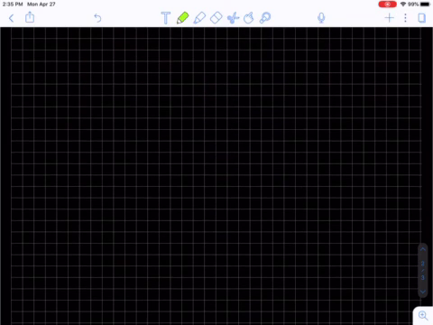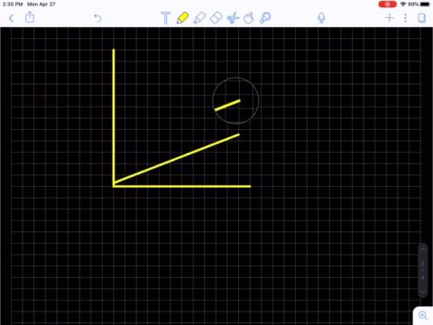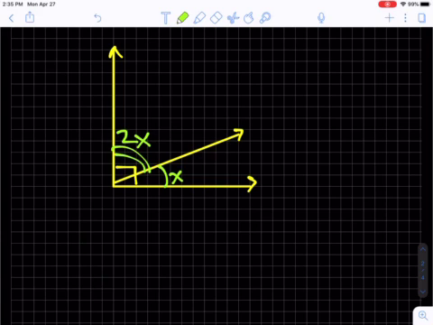Let's look at one slightly more complicated version of the problems you might see. So let's set up our angle again. If I have this, and then I have another angle, say I got this, and don't let me forget to put in my right angle thing here. Now supposing somebody tells me the measure of this angle is x, but the measure of this angle is 2x.